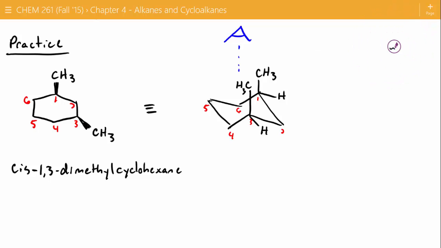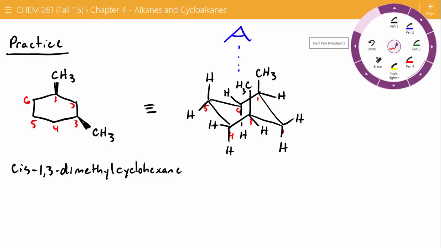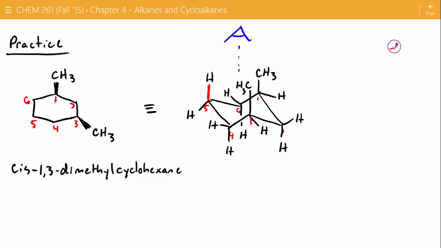And just for the sake of argument, let's draw in all of our axial groups. If we think about all of our axial groups, they're sticking straight up and down here, here, here, here, through here, and then down there.